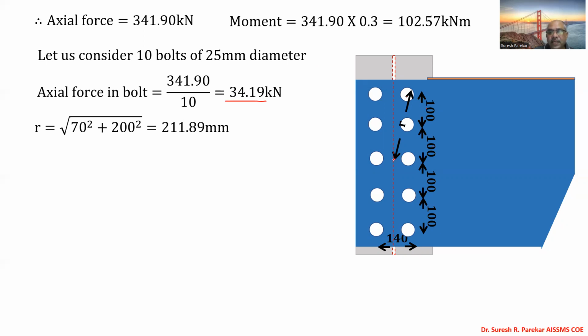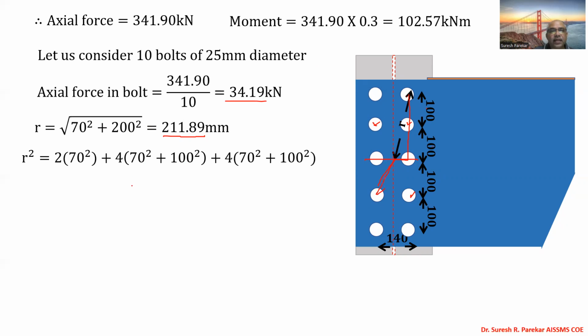This distance is 70 and this is 200, so 70 square plus 200 square, and the root gives 211.89 millimeter. Then we have 2 bolts along the CG of the bolt group, then these 4 bolts at 70 square plus 100 square, and these 4 bolts at 70 square plus 200 square.